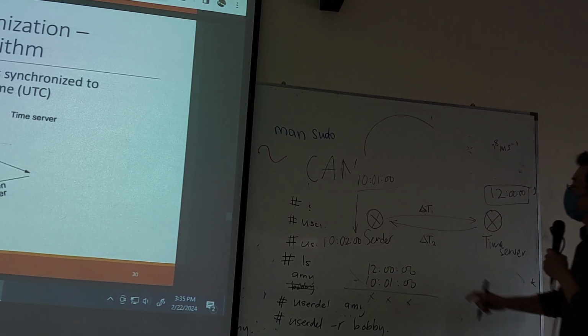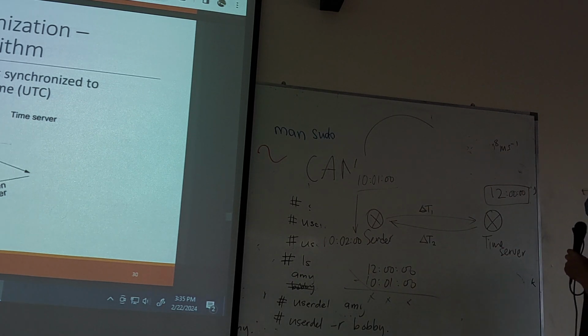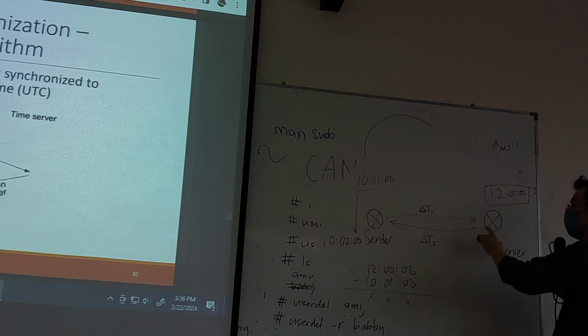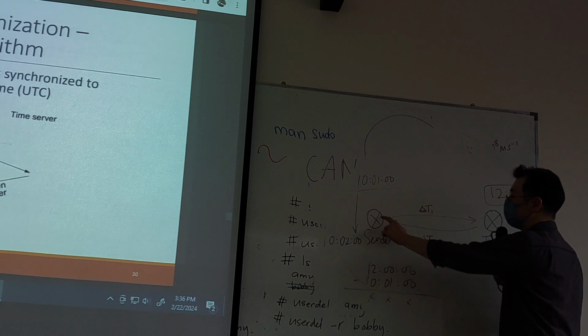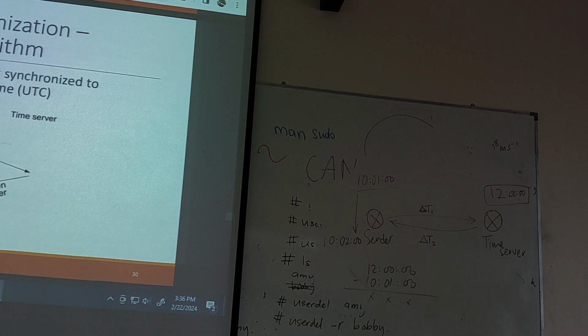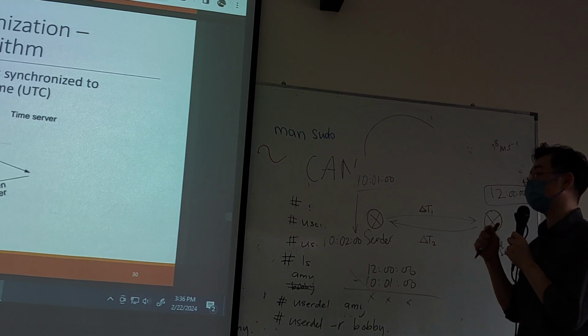So I know that the time difference here is 1 minute. Now, in Christian's algorithm, we assume that the path taken going and the path coming back are the same path, so the delay going and the delay coming back are the same, because it maybe goes through the same path.